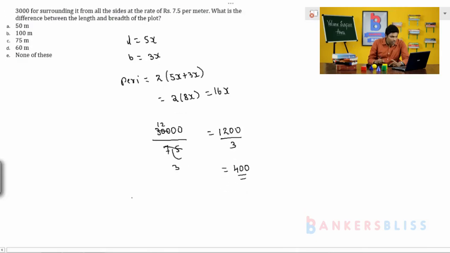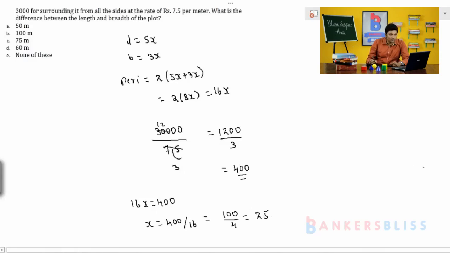Therefore 16x is equal to 400, therefore x is equal to 400 by 16, which is equal to 100 by 4, which is equal to 25.